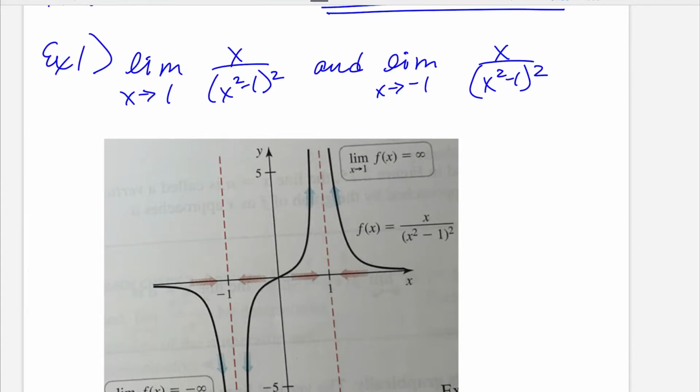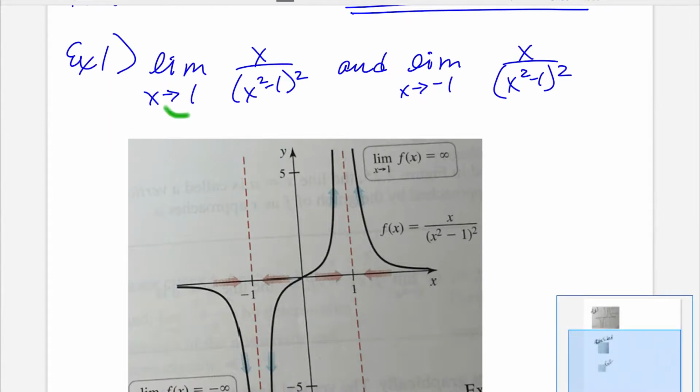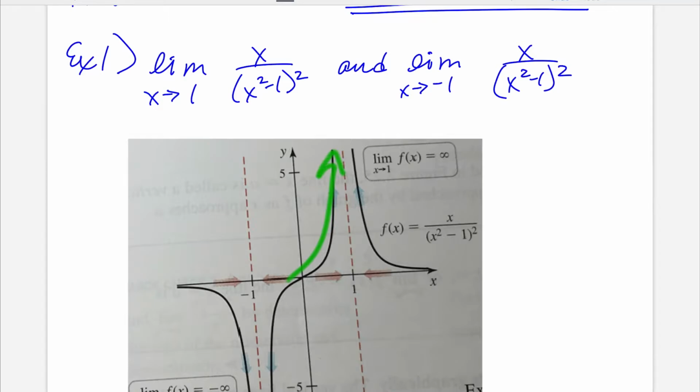Look at what's happening. All right, so my limit as I approach 1. Now remember, if we have a limit that approaches a number, I'm not saying 1 from the left, I'm not saying 1 from the right. I'm saying straight up 1. So as I approach from the left and as I approach from the right, what is my graph doing from both sides?